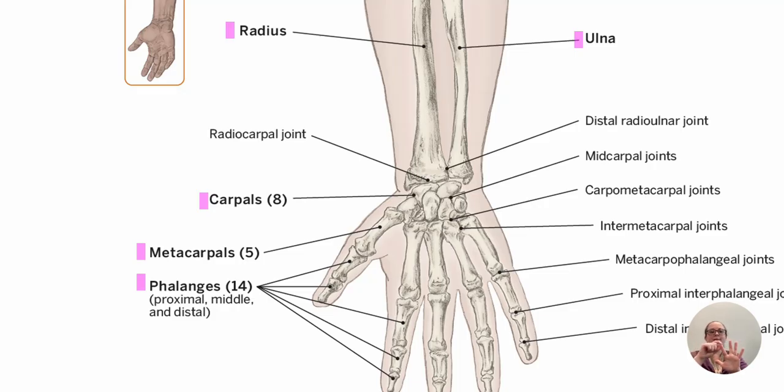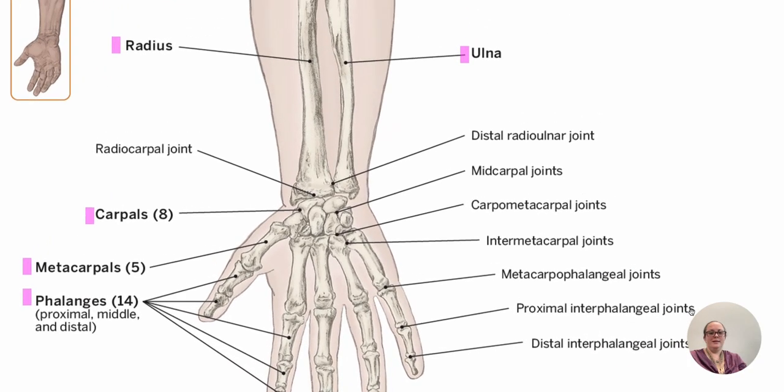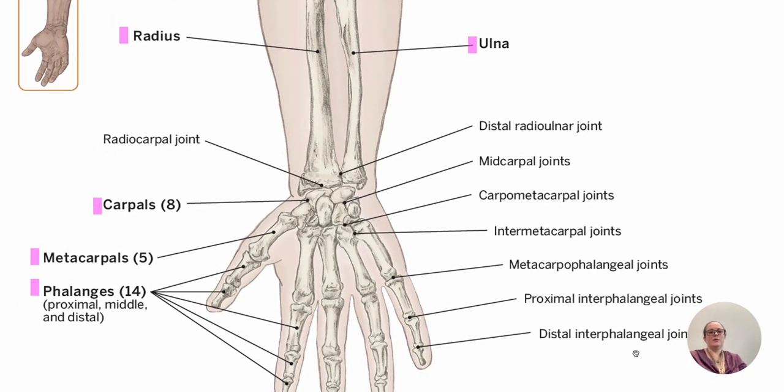And then all those have fun little names. So over here, this is fun. We're just going to go to this bottom one called distal interphalangeal joint. So what that means, if you break down the word, if you're looking at a test question or trying to figure out what we're talking about, distal means it's the last joint between the phalanges.